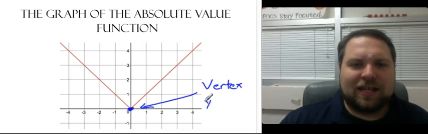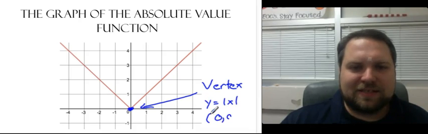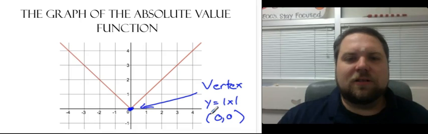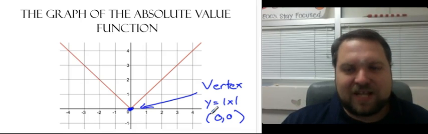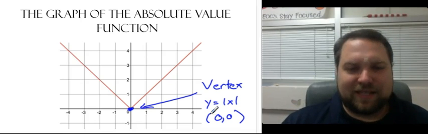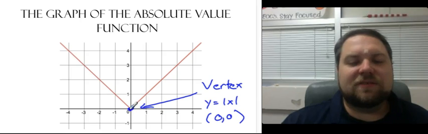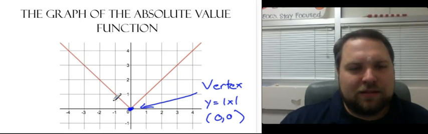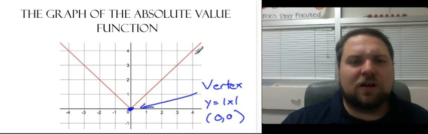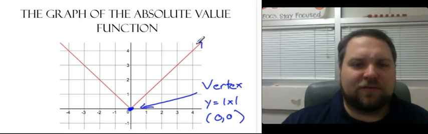And for y equals the absolute value of x, that vertex is always at 0, 0. We will look at other variations on this function where the vertex is something else. But if our equation is just y equals the absolute value of x, the vertex is going to be at 0, 0.